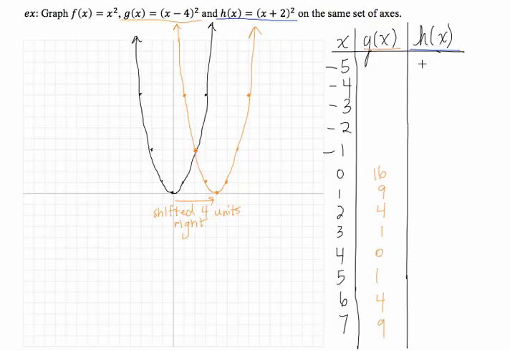Let's start by trying to plug in -5. If we plug in -5, we'll have -5 plus 2, which is -3. Squared is 9. We can plot that.